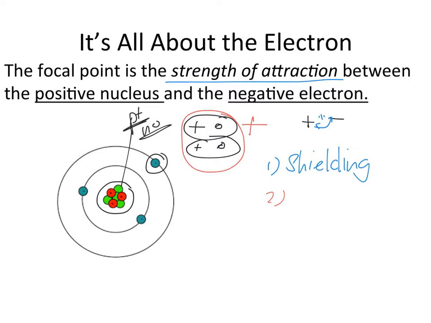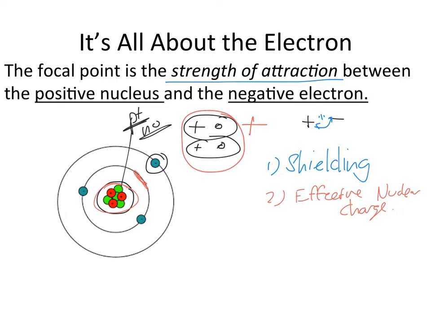Number 2 is something called effective nuclear charge. That's basically the ratio between the repulsion of these inner levels and the attraction of this nucleus.